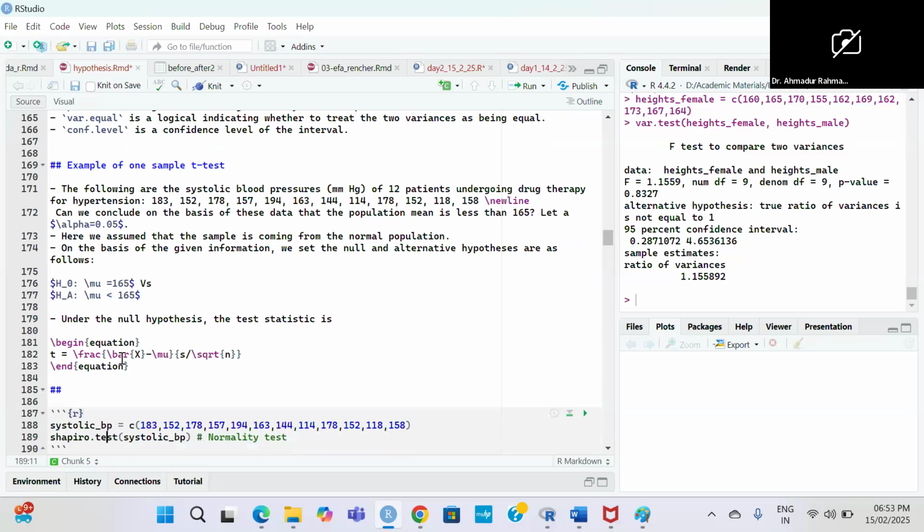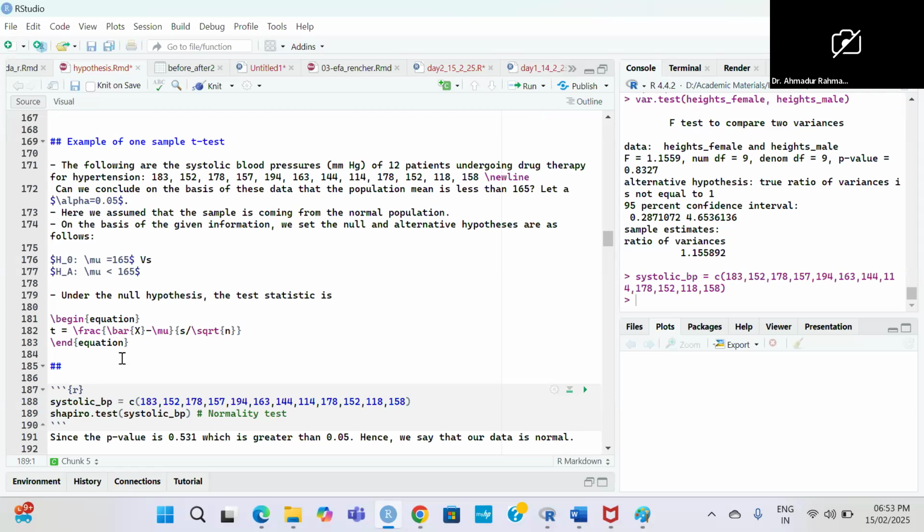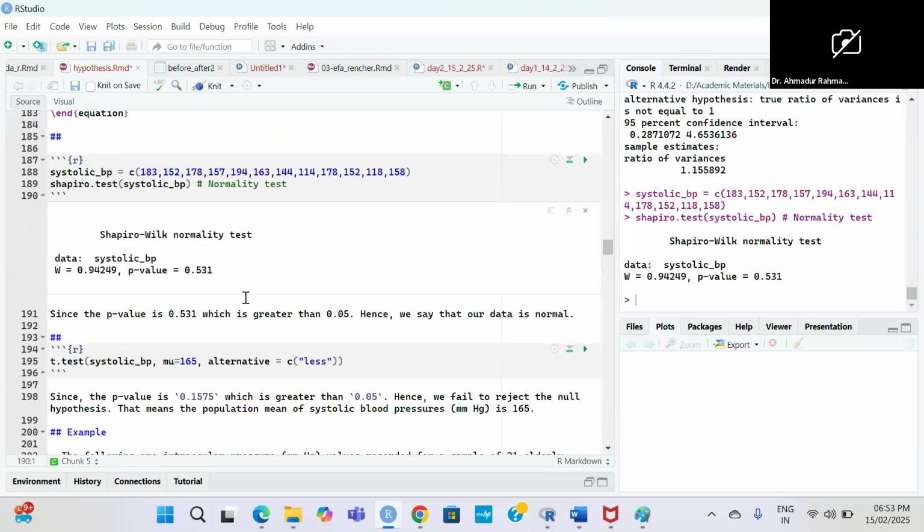So first we have defined a data vector, systolic bp, meaning we have given the name of this data set as systolic bp, and we run this. Then we use a normality test, the Shapiro-Wilk test, to check normality, and we see that the p value is 0.531. So when the p value is 0.531, that means our data is normal.